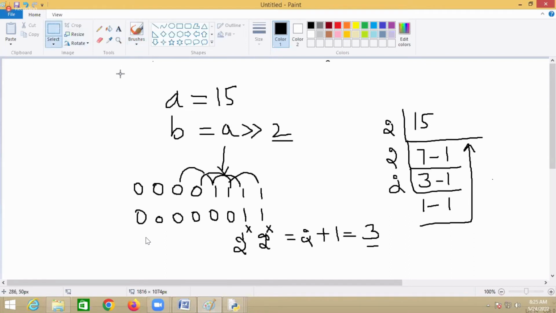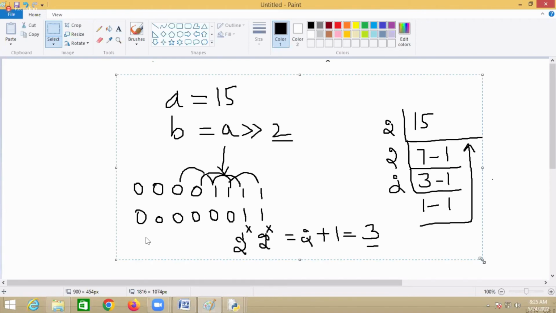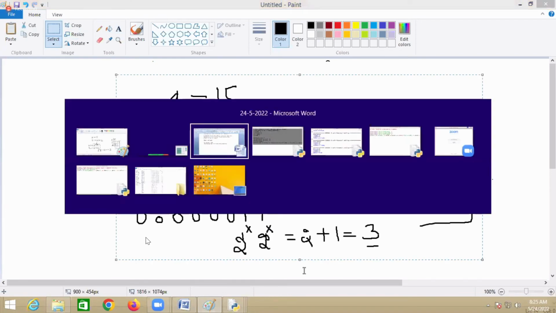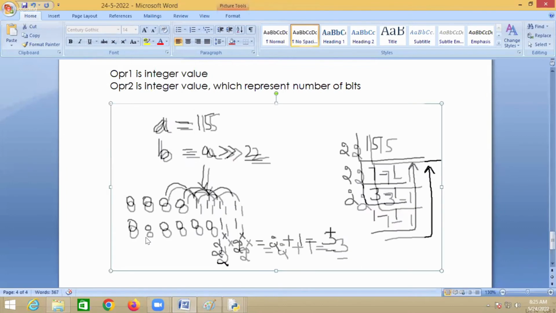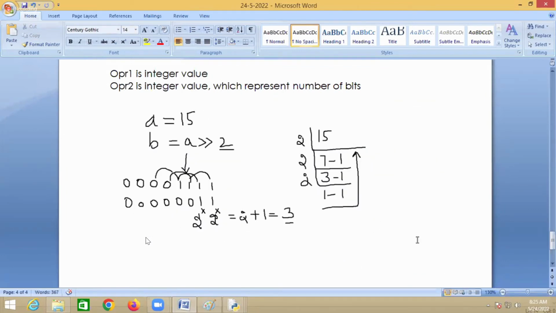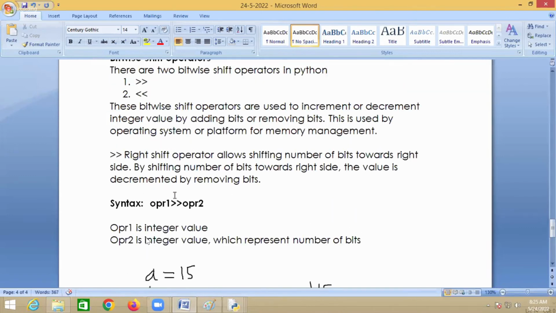When the bits get deleted, are the values incremented or decremented? Decremented. These are used at the time of developing operating systems, when you're working with low level operations like embedded operations. We do it by using which operators?